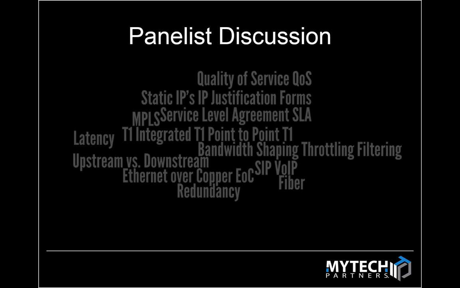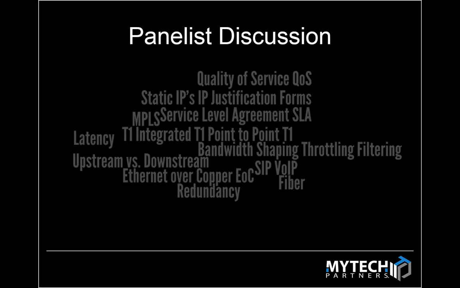But to start, I want to throw this question out specifically to John or Jim first. A lot of the folks on the line, and even myself, were very familiar over the years with T1 lines and DSL connections and things like that.